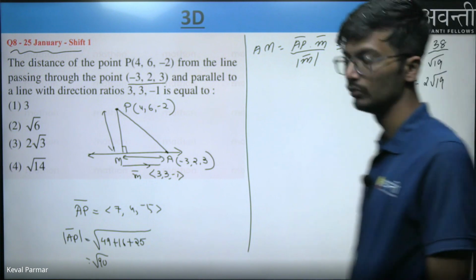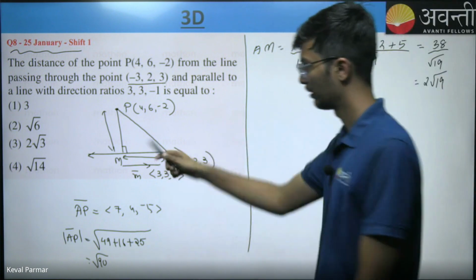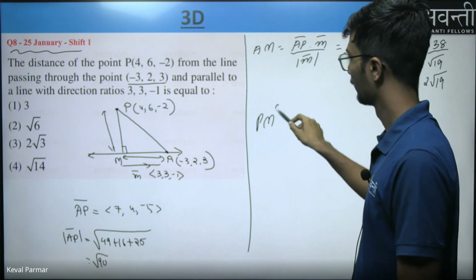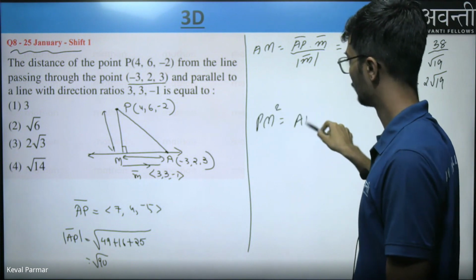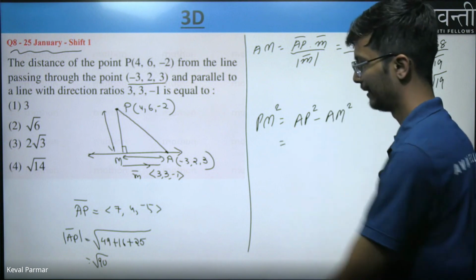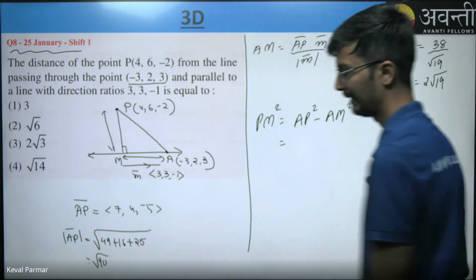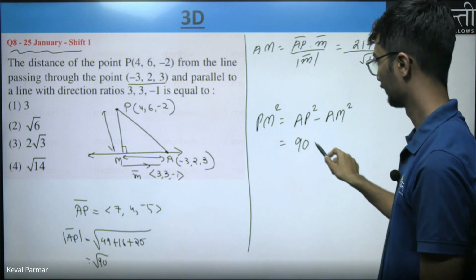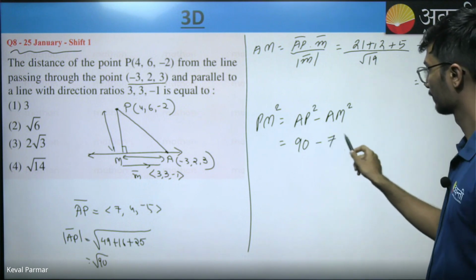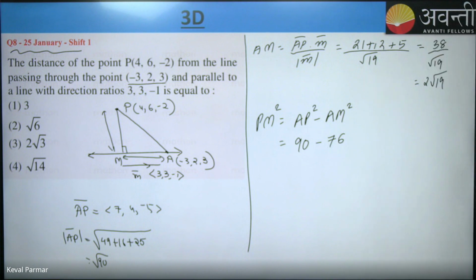Now, we'll use Pythagoras. The required distance PM square will be equal to AP square minus AM square. What is AP square? AP is root 90, so AP square will be 90 minus AM square, which is 4 into 19, which is 76.